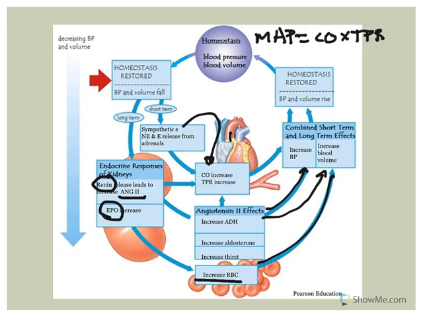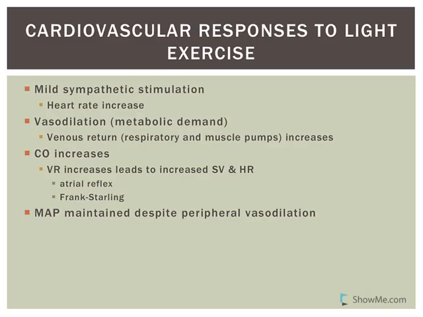Now, what about what happens with exercise? Let's just start with light exercise. A lot of this is repeat of stuff that we've talked about in the past, so it's good review. When you're just taking a stroll, a nice walk, nothing really too strenuous, you need to increase your cardiac output to deliver oxygen and nutrients to those tissues.